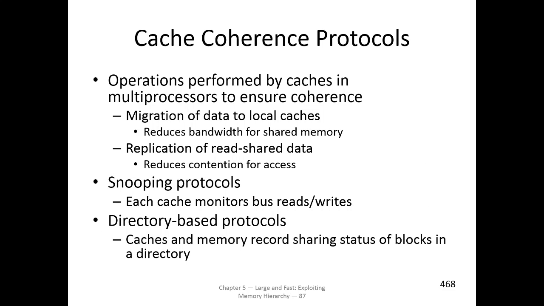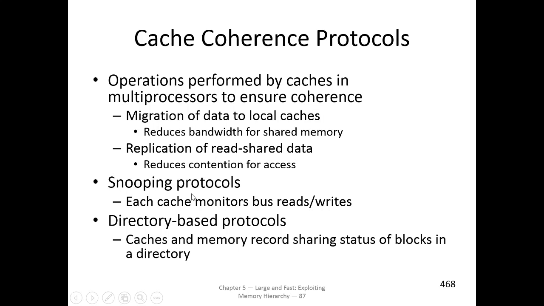So now we have to create algorithms to solve cache coherence, and there are all kinds of ways to solve this. Three of them that it mentions here are operations performed by caches and multiprocessors to ensure coherence. They move the data to local caches or replicate read-shared data.